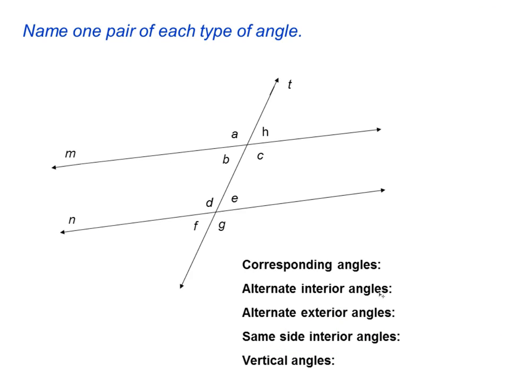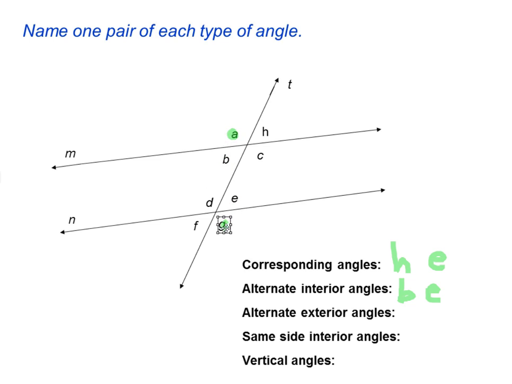So now that we've gone over all the different types of angles, we can list some corresponding angles. There's lots of them. Let's say these two. These are corresponding in the same spot. Alternate interior, inside, alternate sides. So that's B and E. Alternate exterior.